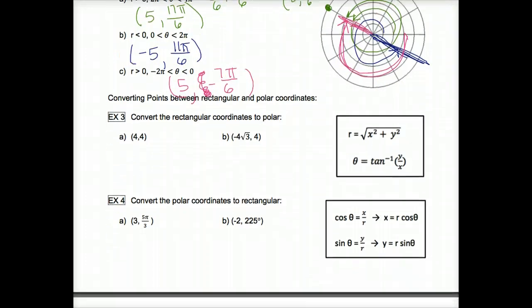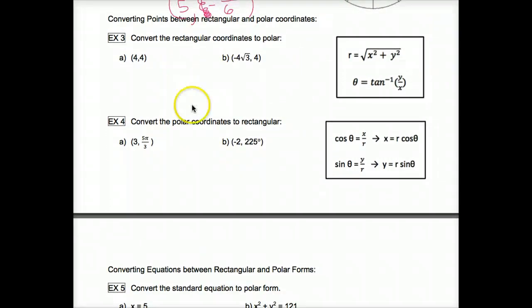All right, next up is converting between rectangular coordinates and polar coordinates, going back and forth between them. There are a couple of different ways that you can do this. Converting from rectangular to polar, you can use these formulas right here.